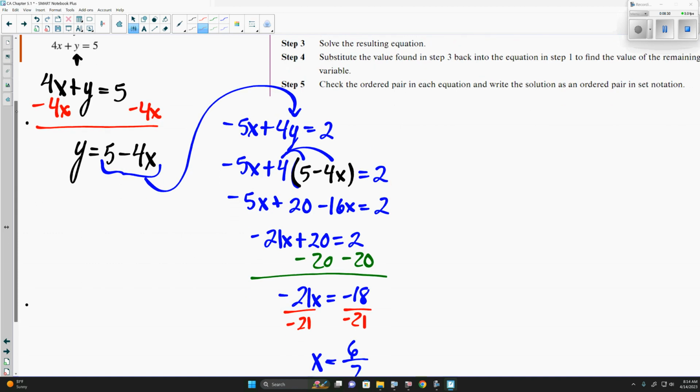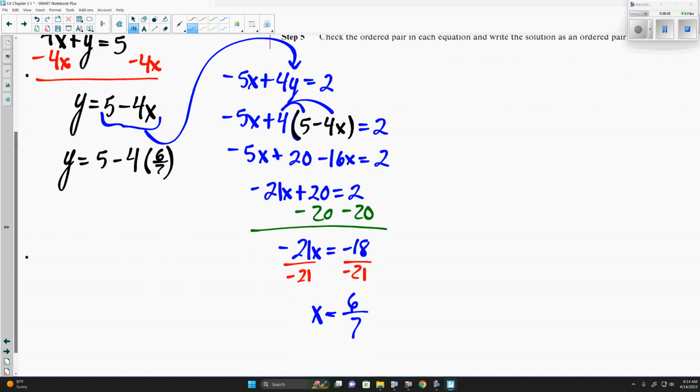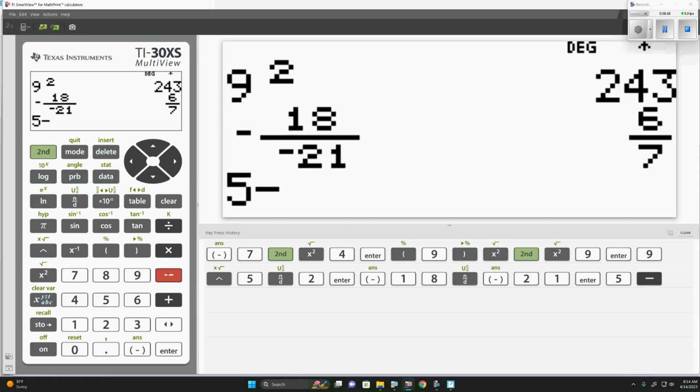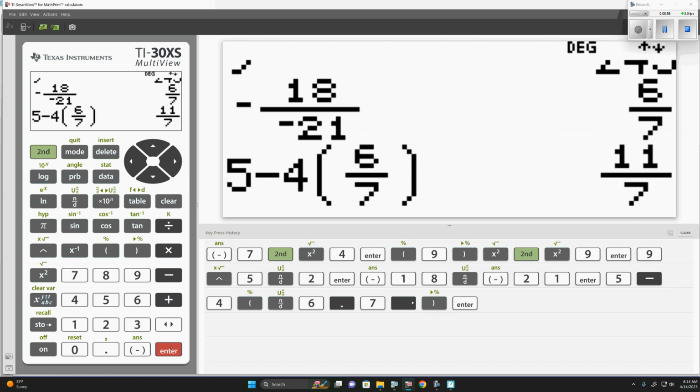Now what we do next is we plug it back in to find the value of y. So we'll say y is equal to 5 minus 4 times 6/7. And we could plug this all into a calculator. And we get our answer.